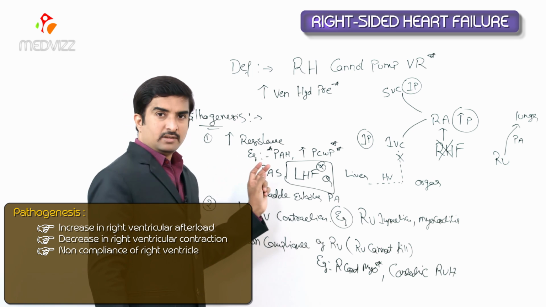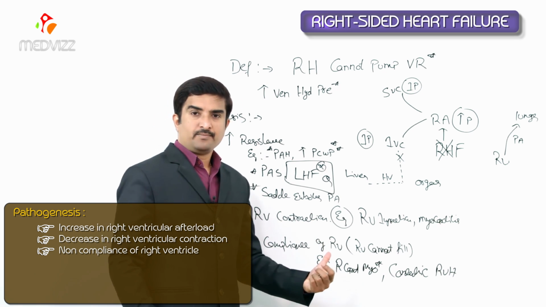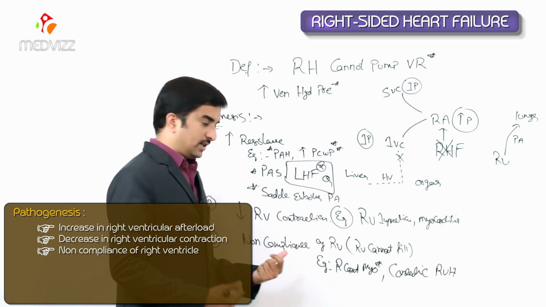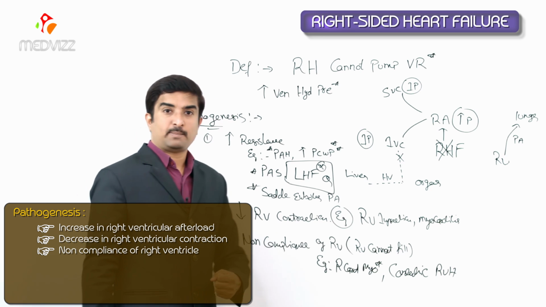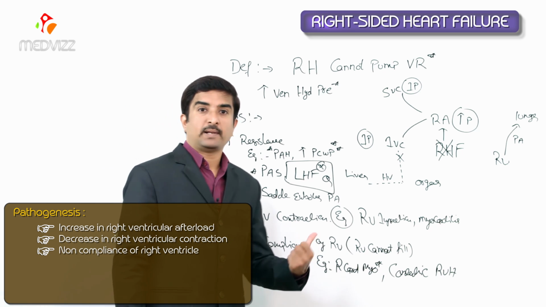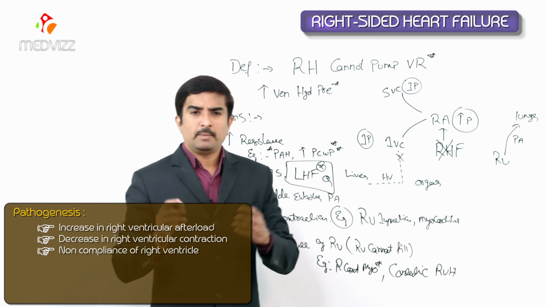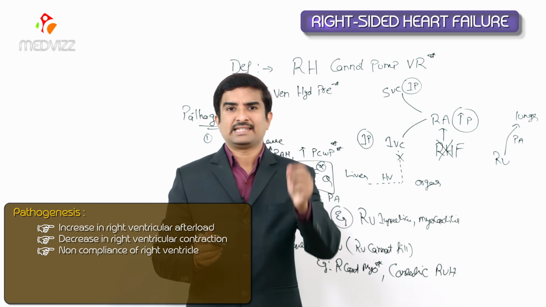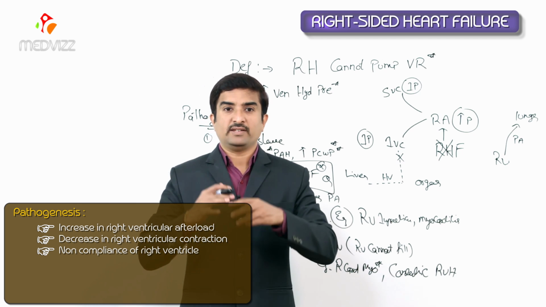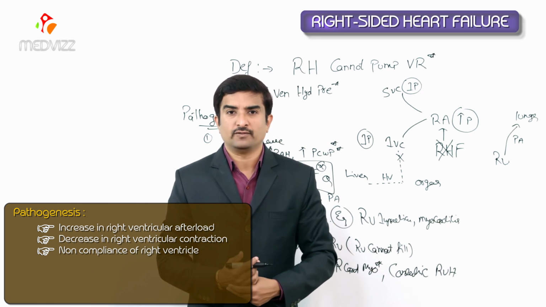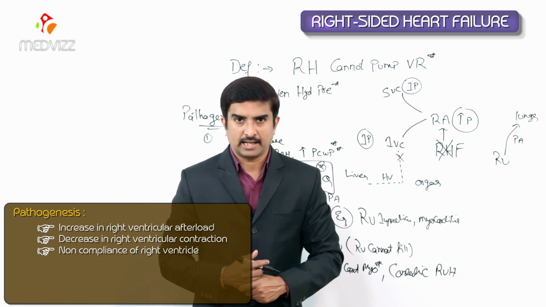First mechanism explains about resistance. Second mechanism explains about the contractile capacity of the right ventricle, because right ventricular contraction is decreased. And third mechanism explains about the non-compliant right ventricle. So remember that whenever there is an increase in the right ventricular preload, that increases the work in pumping the blood out of the right ventricle into the pulmonary artery. This is the fourth mechanism.